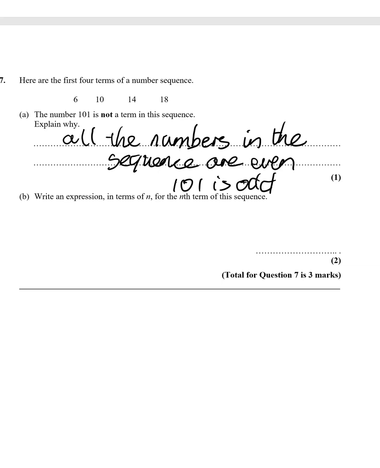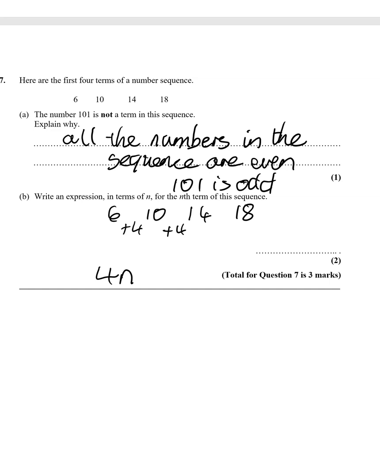Write an expression in terms of n for the nth term of the sequence. Right, okay. So let's see what it goes up in. We've got 6, 10, 14, 18. So it's plus 4 each time. So actually, it's something to do with the 4 times table. So it's 4n.